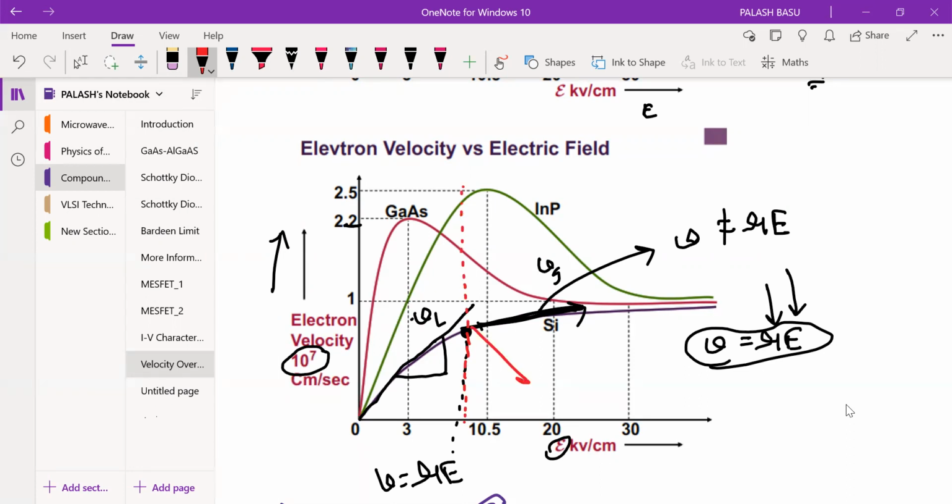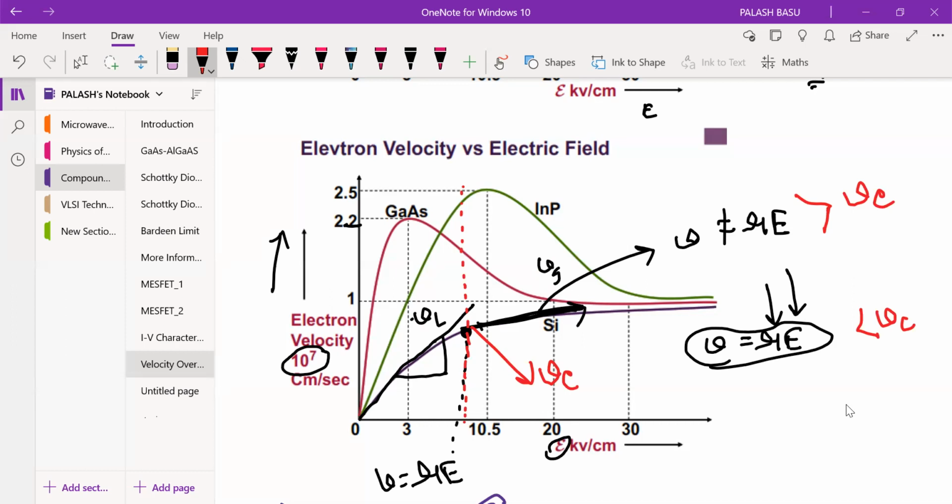Up to this point we can write it as a critical velocity. Up to the critical velocity, you are following the linear relationship, that is V is equal to mu E. So V equal to mu E holds below the critical velocity, and not above it. This is what we actually assume.